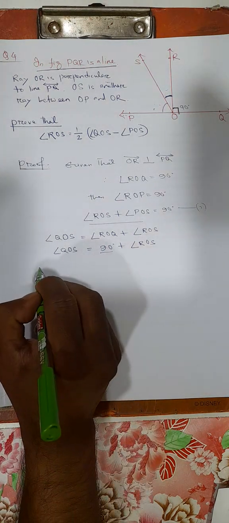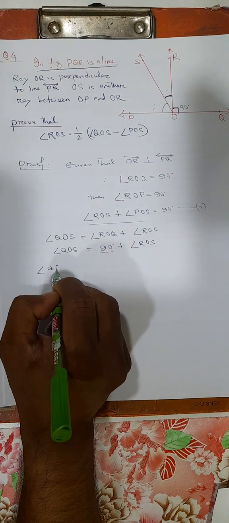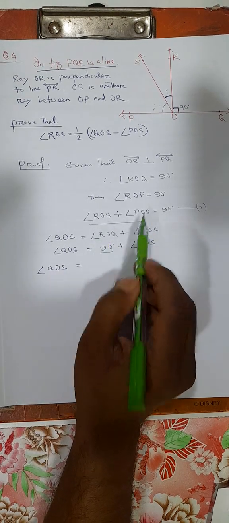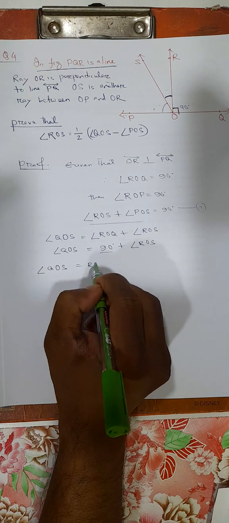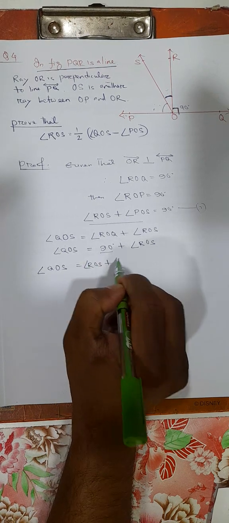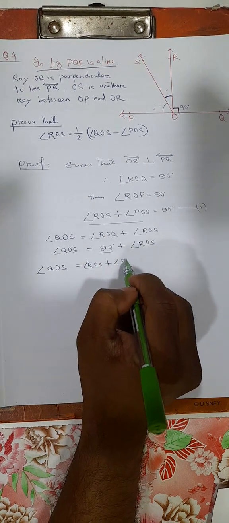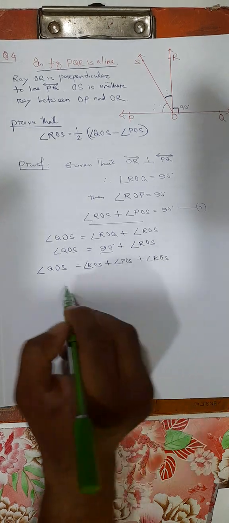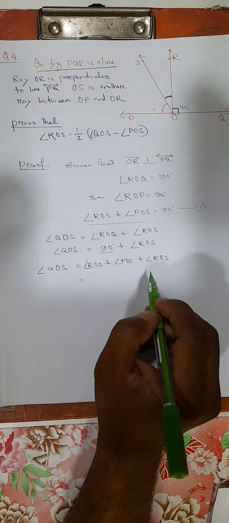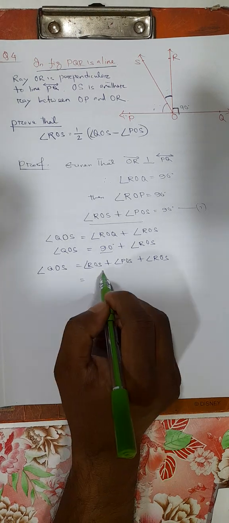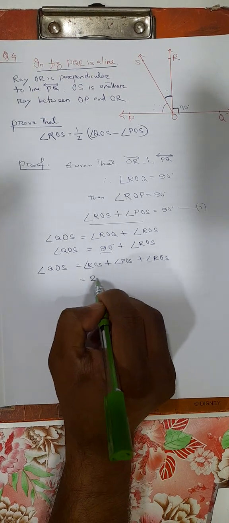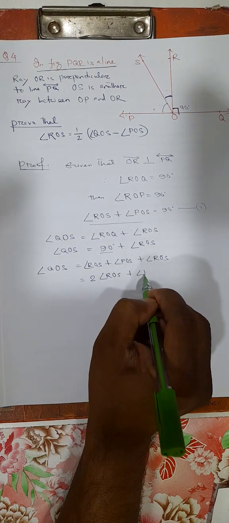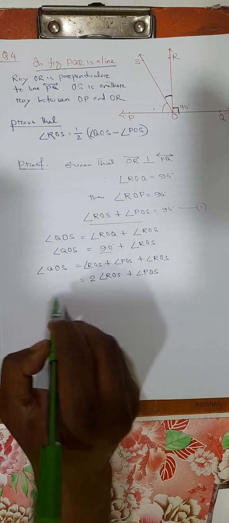Therefore, you will write it as angle QOS equal to 90 degrees, which means the sum of these two angles, ROS plus angle POS plus angle ROS. Now ROS you got two times, twice of angle ROS plus angle POS.